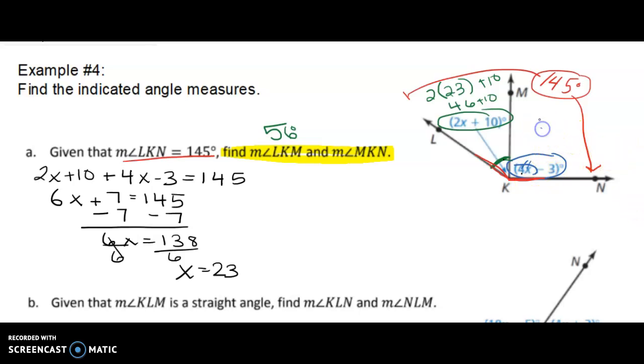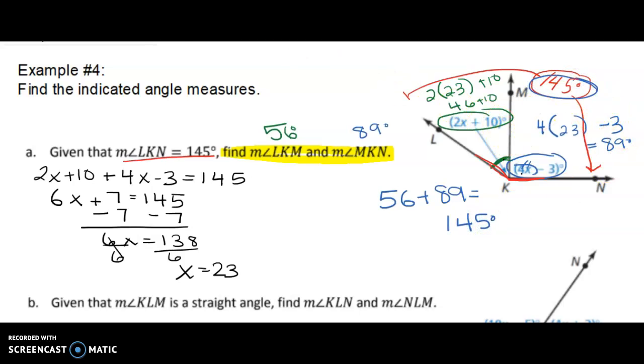This is 4x minus 3, but we know x is 23. If we put that into my calculator, that equals 89 degrees. Now, if we want to be smart and double check ourselves, which if you have time, is never a bad idea, 56 plus 89, put that in your calculator, 145, which is exactly what we wanted.